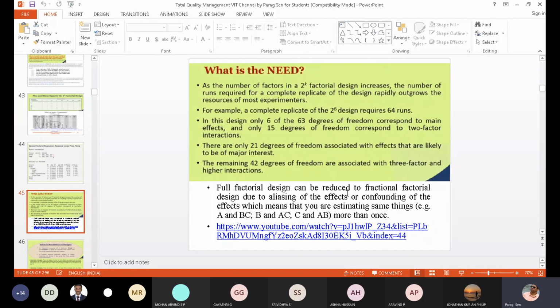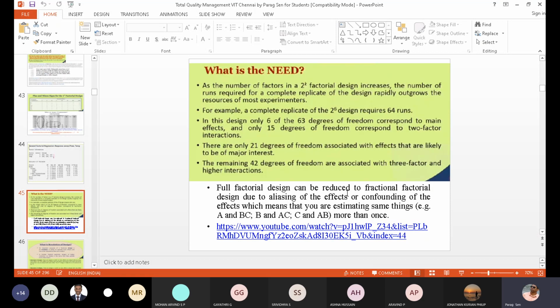Now you can ask why the three factor or higher interaction effects are not very influential on the response variable. This is very technical in nature. Suppose you have taken three variables: speed, feed, and depth of cut. The effect of speed on the response variable, or the effect of feed, will be much higher.